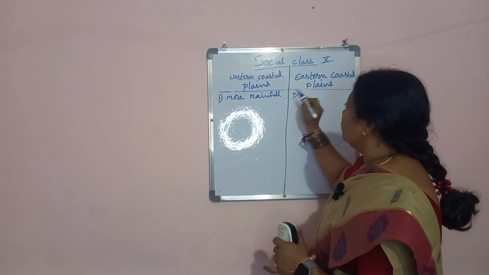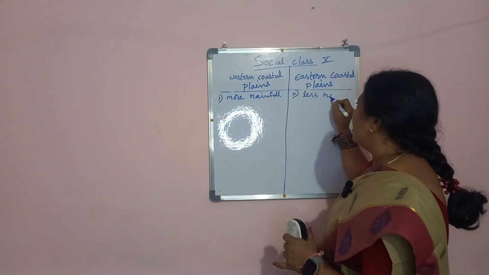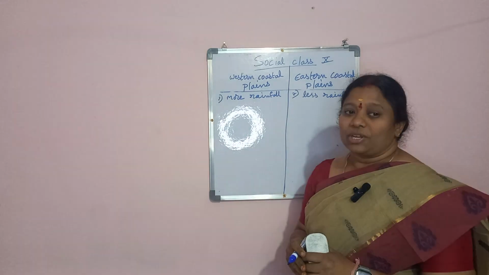And compared to western coastal plains, in eastern coastal plains there is less rainfall.